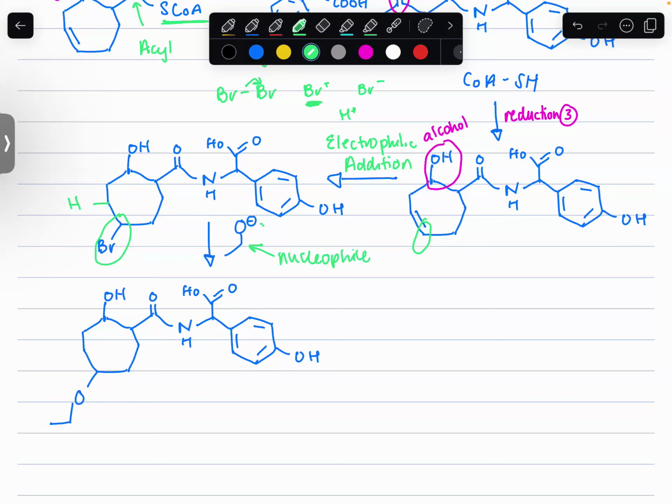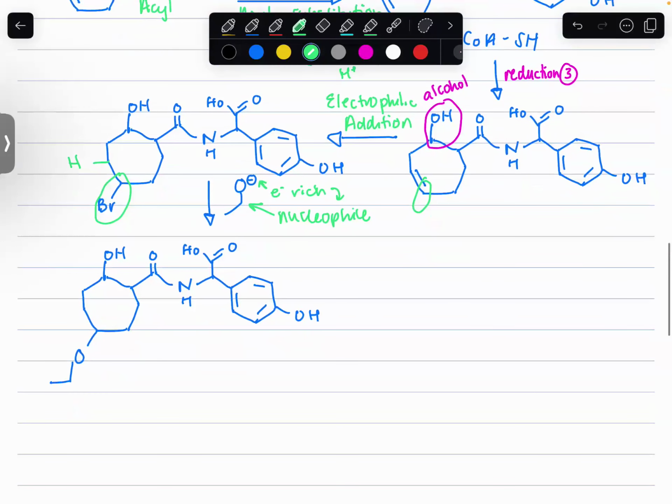So this lone pair makes it electron rich, which means it's a nucleophile. What happened to our bromine? It got substituted. So we have a nucleophile participating in a substitution. Any guesses on what kind of reaction we have? I was going to say, guys, I walked you right through it. So this is nucleophilic substitution.